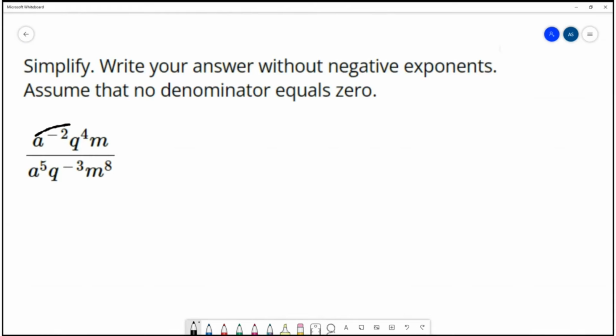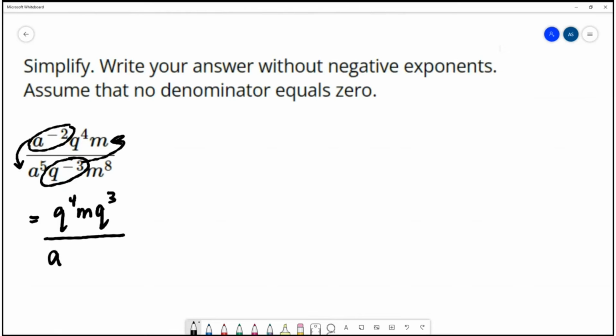So this a to the negative 2, I'm going to move that factor to the denominator to get rid of the negative. This q to the -3, I'll move to the numerator. So that will give q to the 4th m q cubed over a squared a to the 5th m to the 8th.